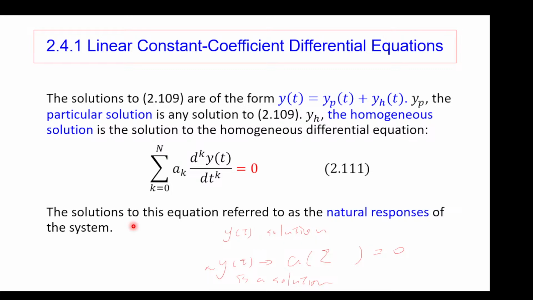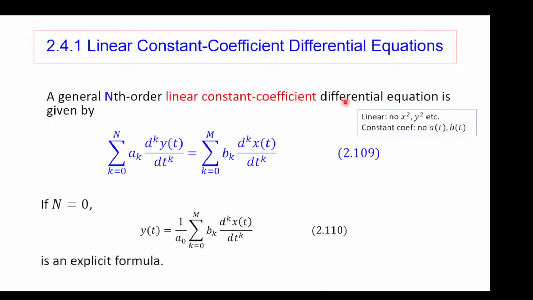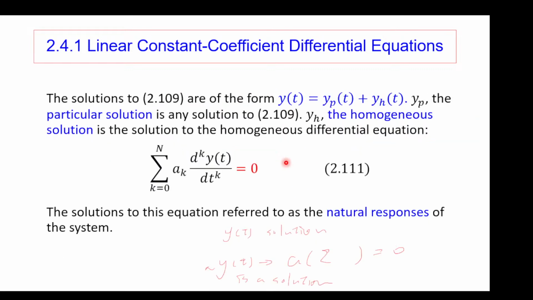More generally, we will see that the solution to this equation 2.109, the linear constant coefficient differential equation, is similar to our example. It will be of the form of a particular solution plus a homogeneous solution. Here we assume we fix some x.